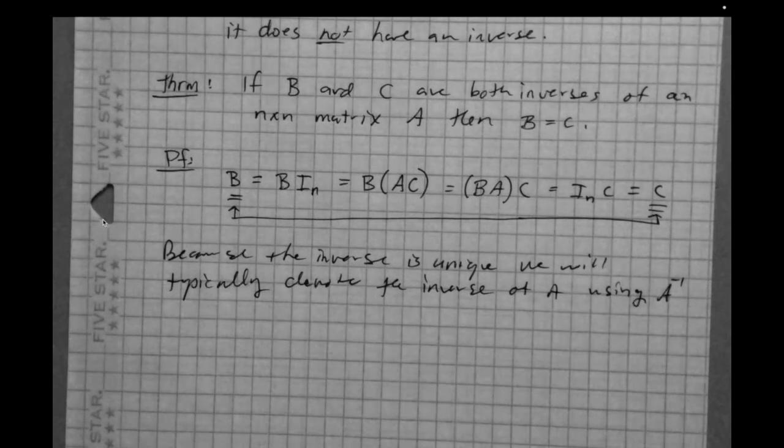Much more convenient notation. That's what we started off with, but we first needed to know that the inverse was unique before we could safely use this notation. So here we go, now we're good.